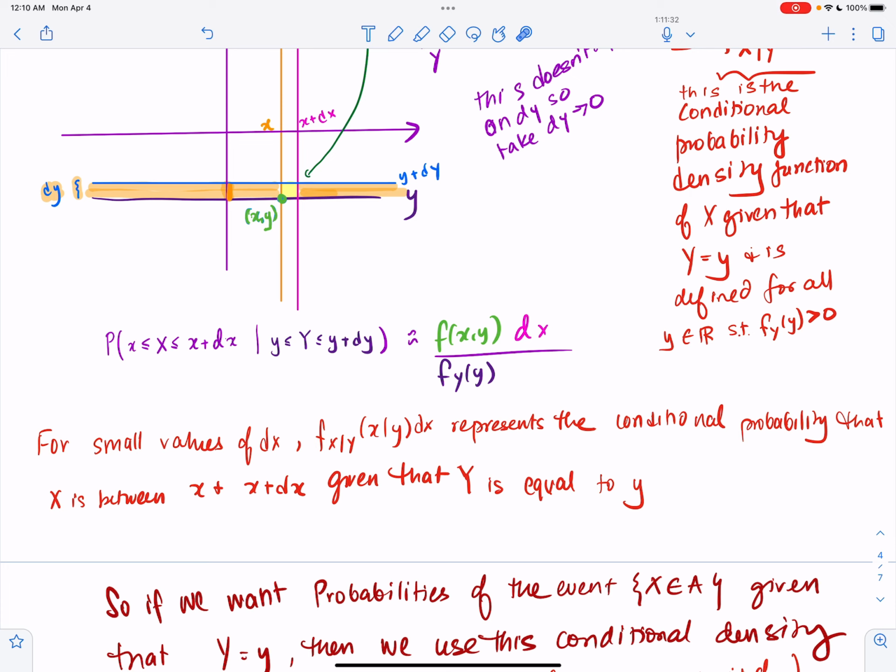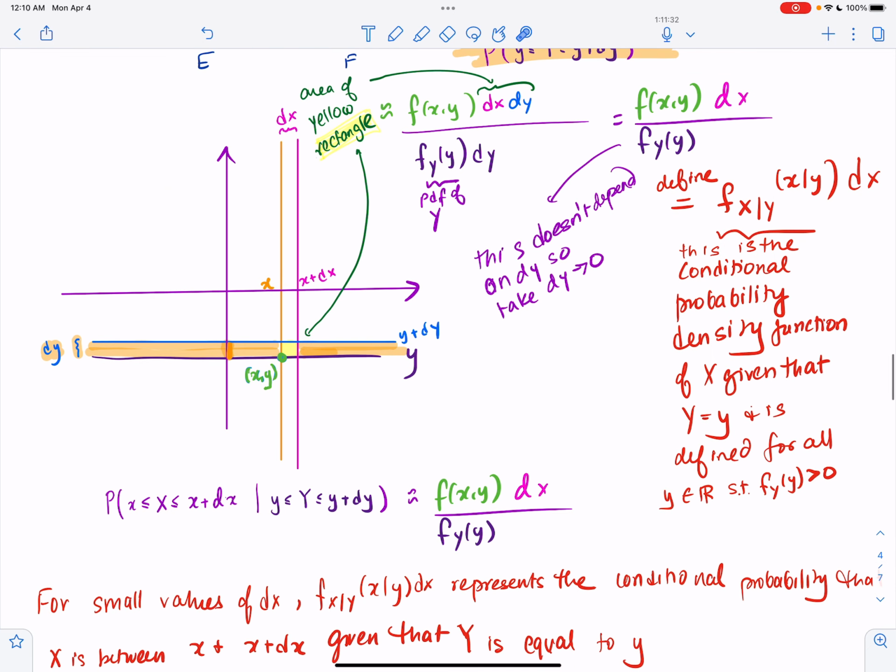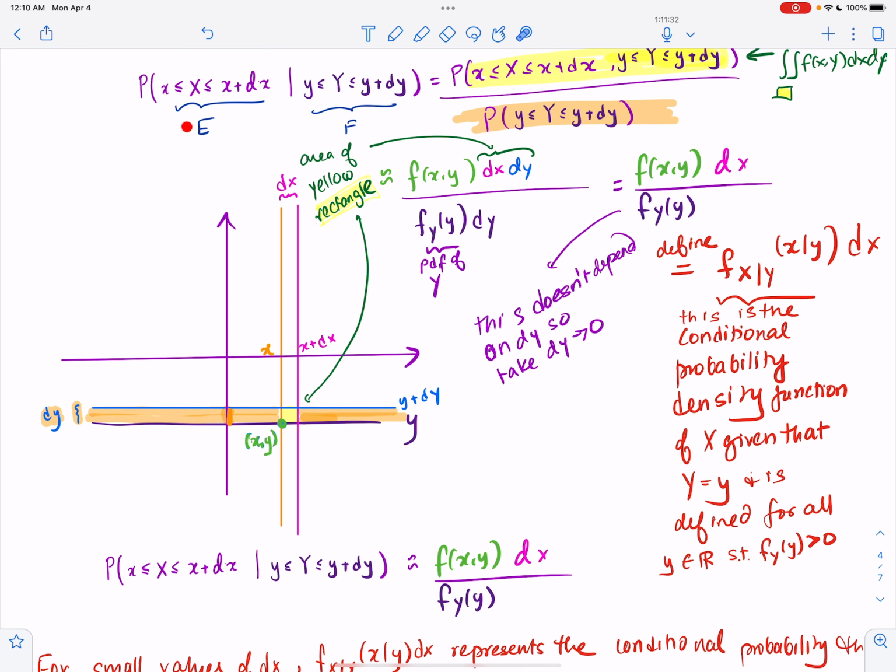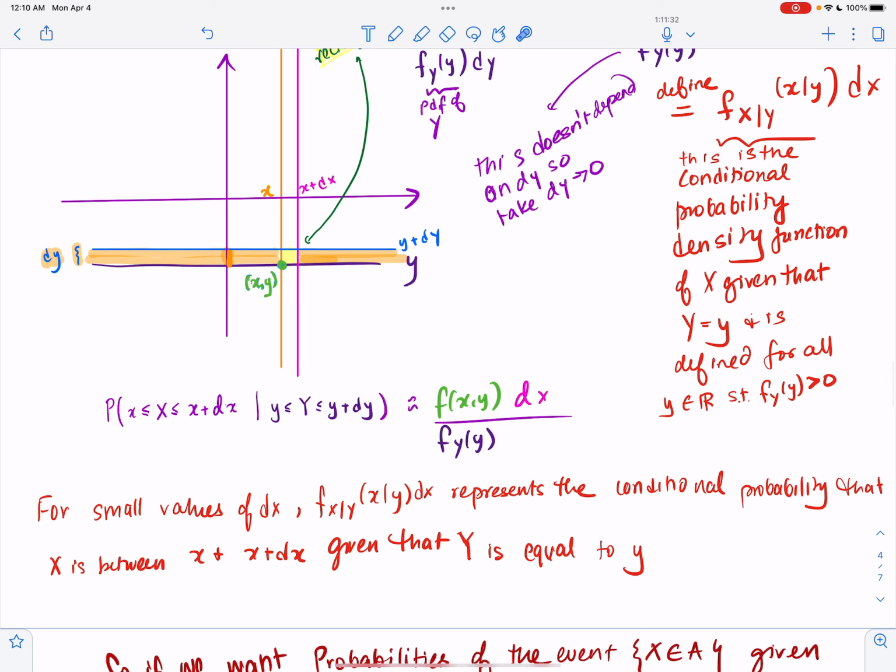So what we can do is take a limit of the left side as dy goes to 0. So take a limit as dy goes to 0 over there. And if you have a limit as dy goes to 0, what will this turn into?